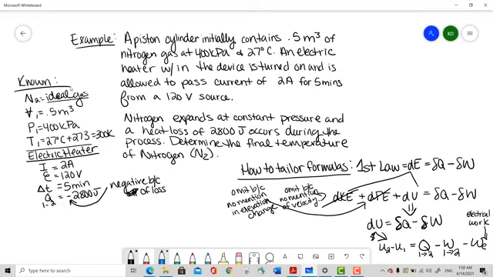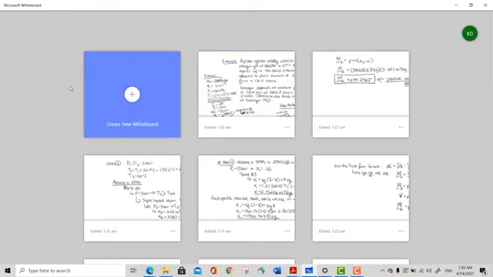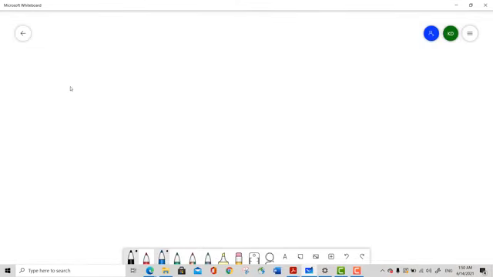Okay, and so now I'm going to pick up a new page because that's our formula. All right, and so now what do we need to find? We need to find the electrical work. And what's that formula? Remember, we wrote it down in our notes.